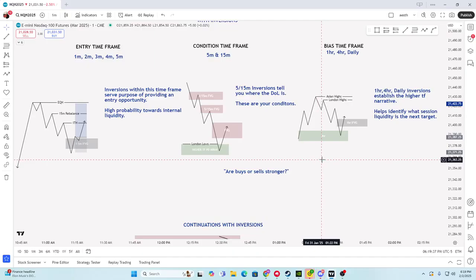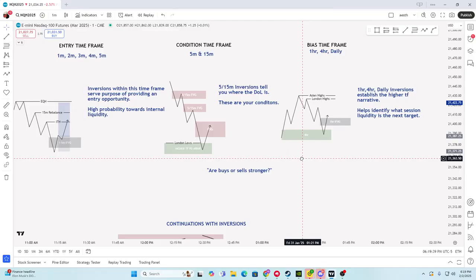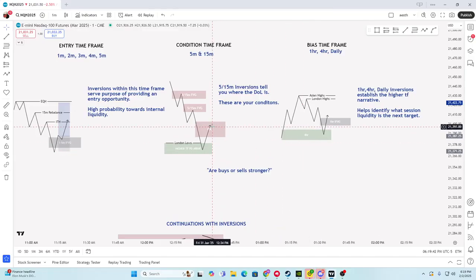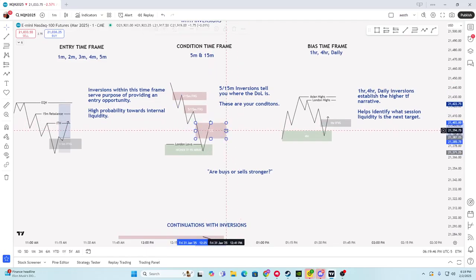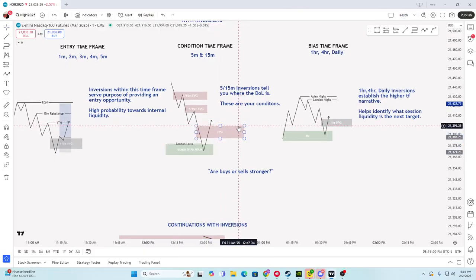How else would you, would you want to try to elaborate on that, Blake? It will determine our bias, typically using daily profiles, right? If we're expecting a New York reversal towards London highs, if London highs get taken and we don't get an entry, then unfortunately the objective has been met unless we catch a reversal from there. But your objective is typically that external liquidity, right?